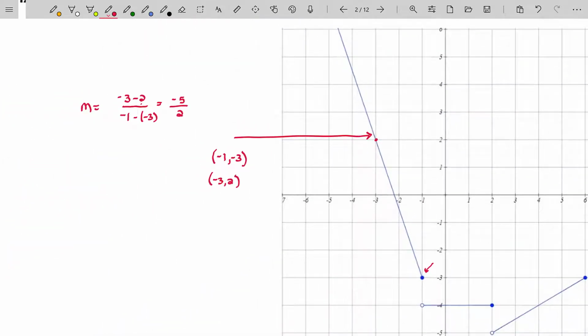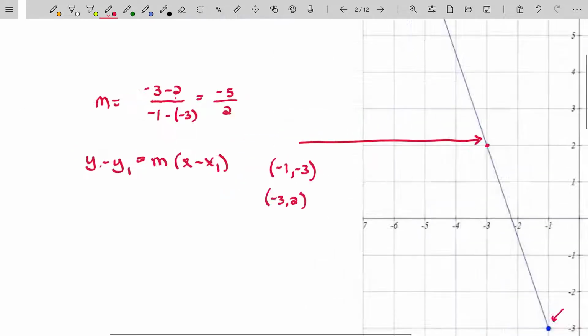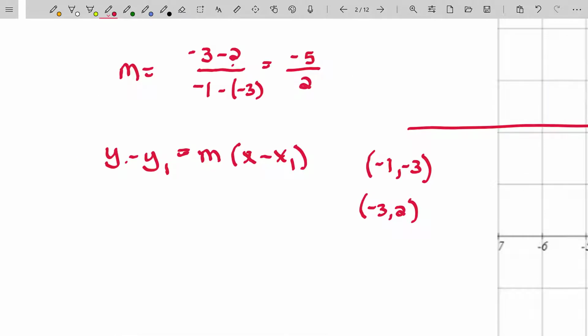Now that we have the slope, we can use the point-slope form: y minus y1 is equal to m times x minus x1. So I'm going to go ahead and plug in one of these points, it doesn't really matter. I'll just use that one right there. So the y value for that is 2. We know the slope is -5 over 2.